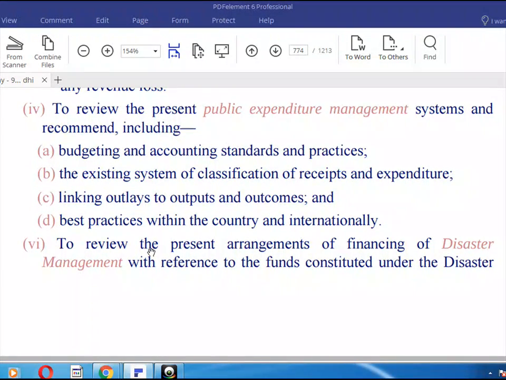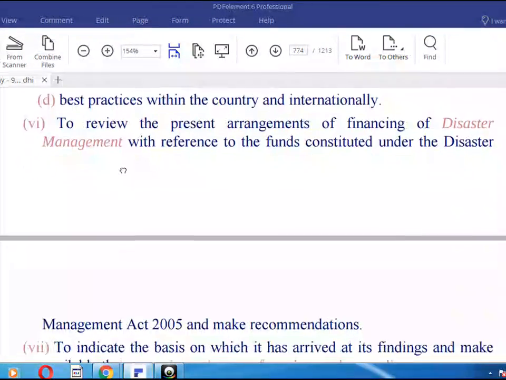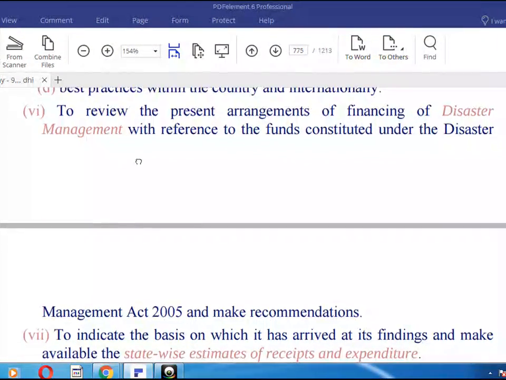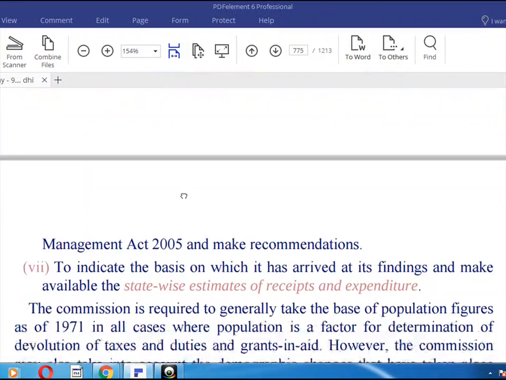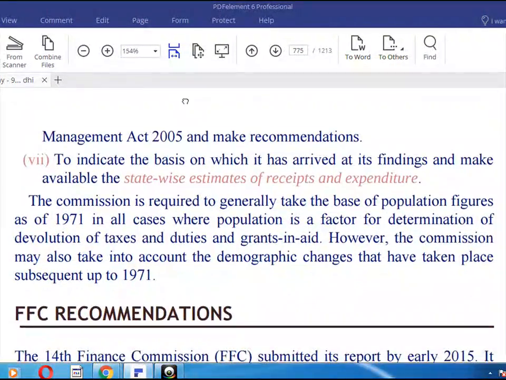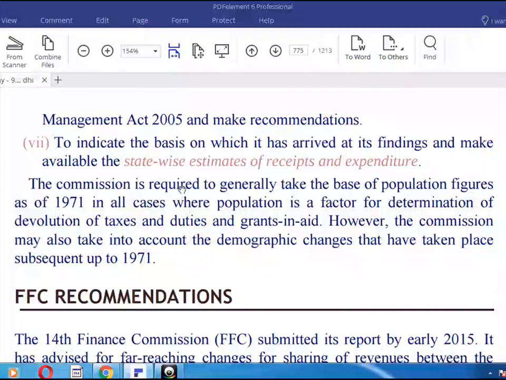To review the present arrangements of financing of disaster management with reference to the funds constituted under the Disaster Management Act 2005 and make recommendations. To indicate the basis on which it has arrived at its findings and make available the state-wise estimates of receipts and expenditure.